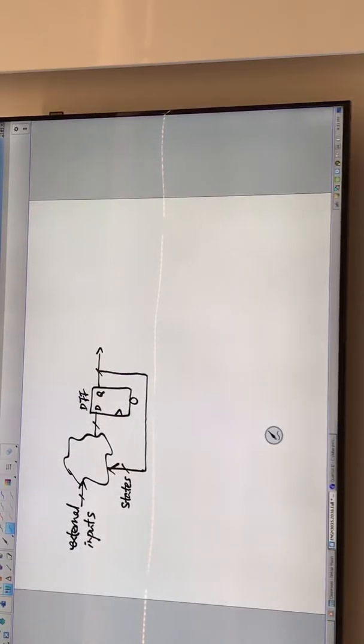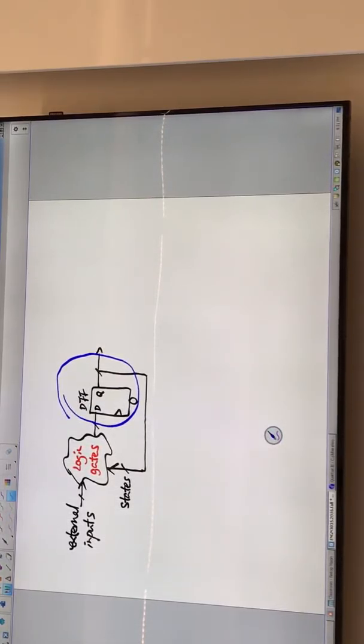So this piece is just logic. And this piece is your DFF. So DFF just holds the value.